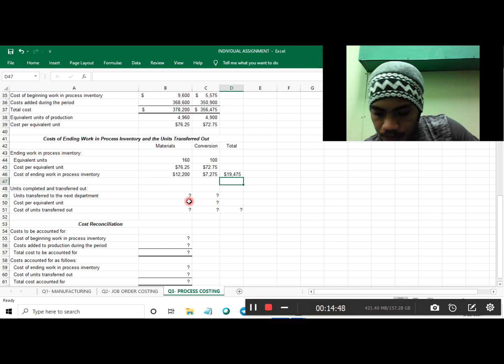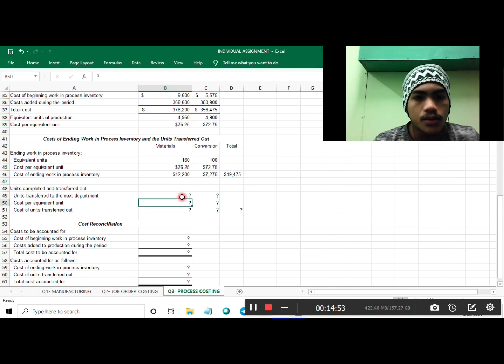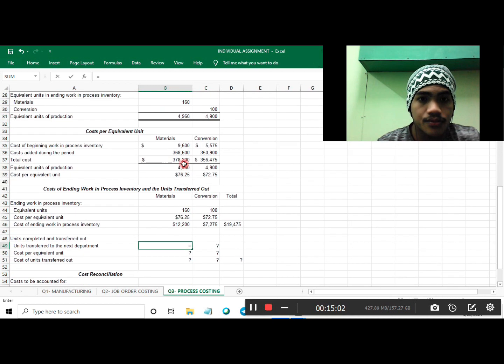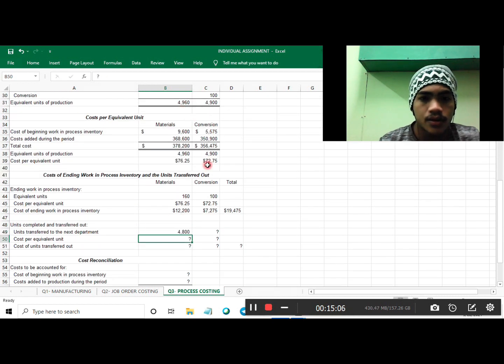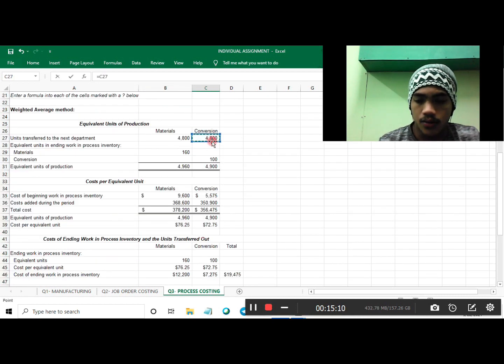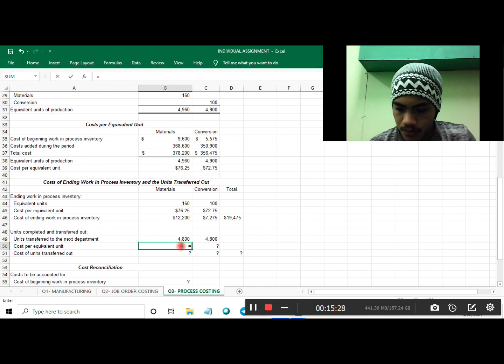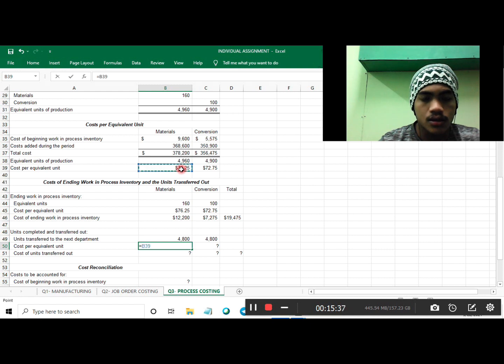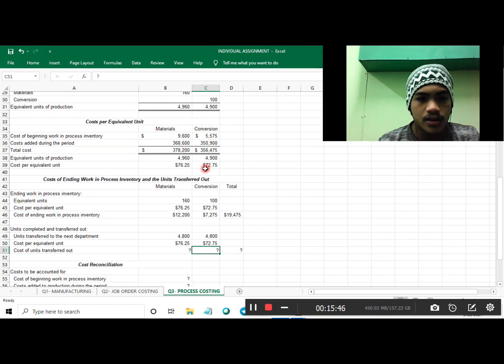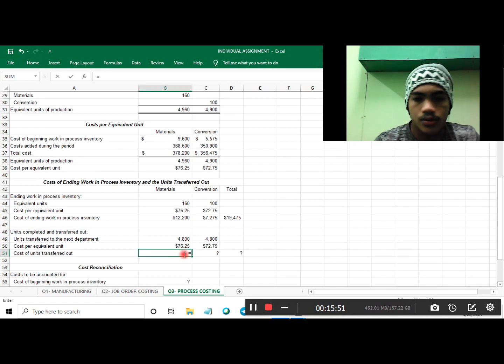Okay, to find the units completed and transferred out. Units transferred out to the next department, we just take from before this: 4,800. So likewise for conversion, and then for cost per equivalent unit we take for material 76 ringgit, for conversion 72 ringgit, and then we multiply for the cost of units transferred out.